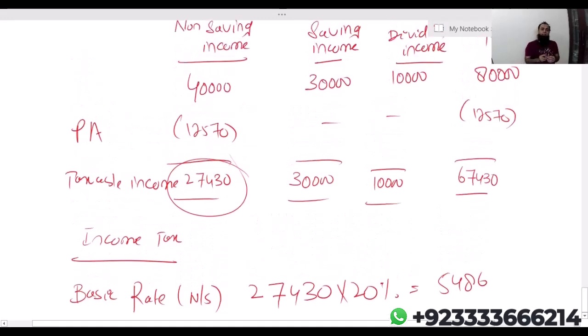And tax status is always decided on the basis of total taxable income. The total taxable income of this individual is 67,430. Obviously, it is more than the limit of the basic rate band. This individual is a higher rate taxpayer. Whoever is a higher rate taxpayer gets a nil rate band of £500 for the saving income.